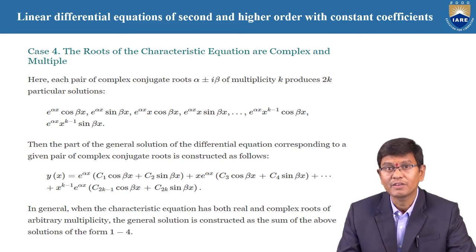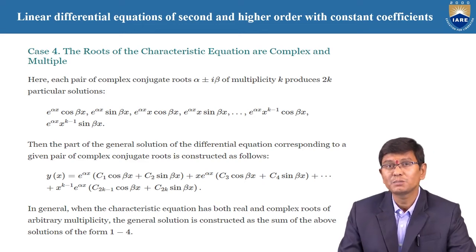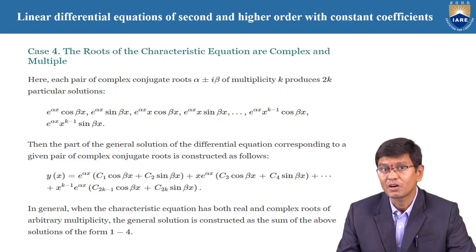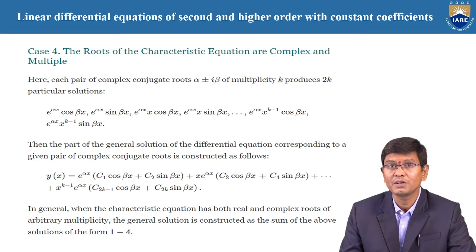Plus, similarly, finally for the repeated complex root, x power of k minus 1 into e power of alpha x into c2k minus 1 into cos beta x plus c2k into sin beta x. These are the 4 different cases when we are solving for the complementary function.